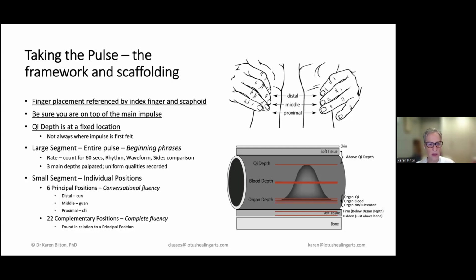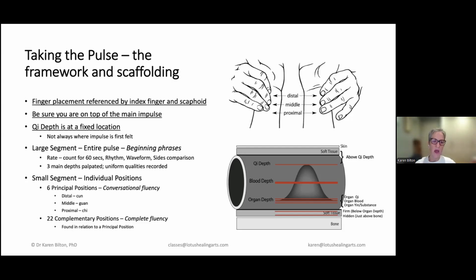Now, the small segment. Here we have the individual positions. They are the 6 principal positions and the 22 complementary positions. With the principal positions, we've got our Cun, Guan, and Chi positions. That's for our conversational fluency. And then when you can incorporate the information from the large segment, the information from the 6 principal positions, and then feel all the complementary positions and add that information into your diagnostic process, you understand how that yang is unfolding in the patient.